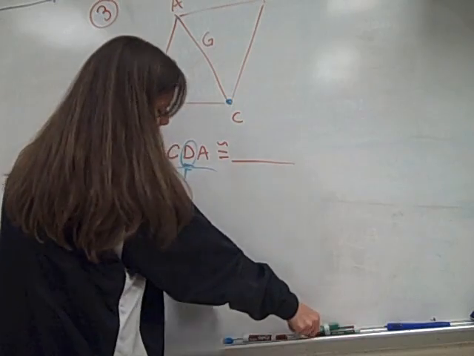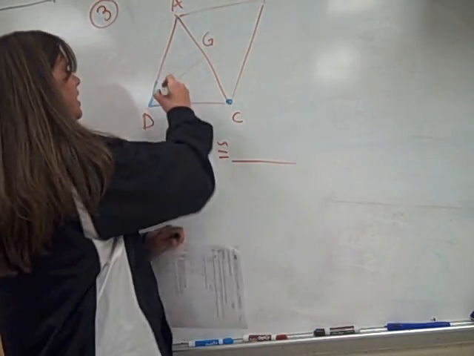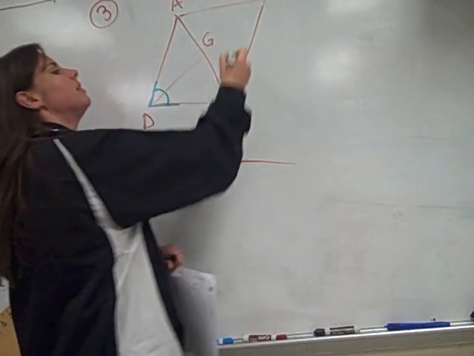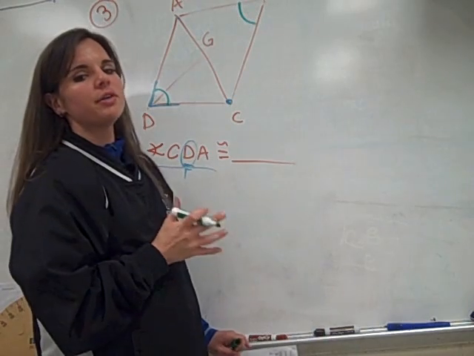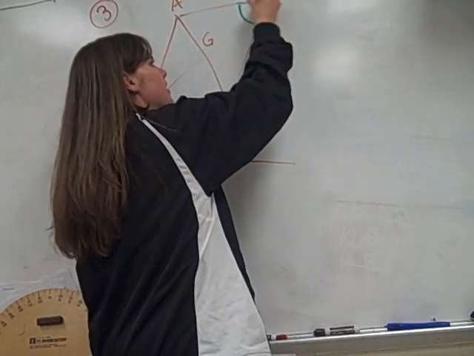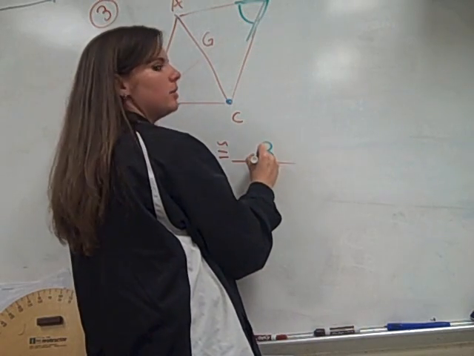Okay. Is congruent to what other angle if this is a parallelogram? And if we're talking about this angle here, what do you know about a parallelogram? Opposite angles are congruent. So your angle that you're looking at up here is this one with the letter B in the middle.